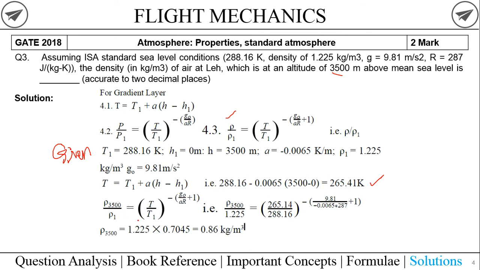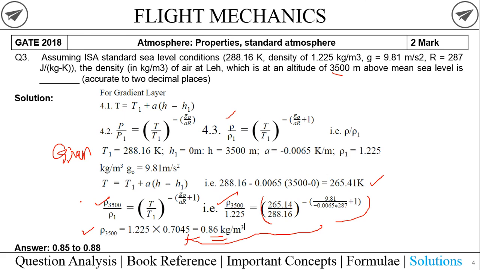When we substitute all the values in this equation, this whole section rounds off to a value of 0.7045, and when we multiply it with 1.225, we obtain a value of 0.86 kilogram per meter cube. So this must be the answer, the density at 3500 meter altitude.